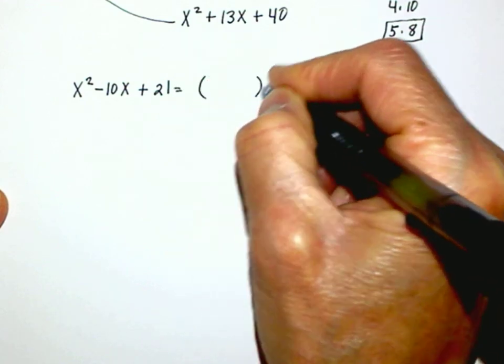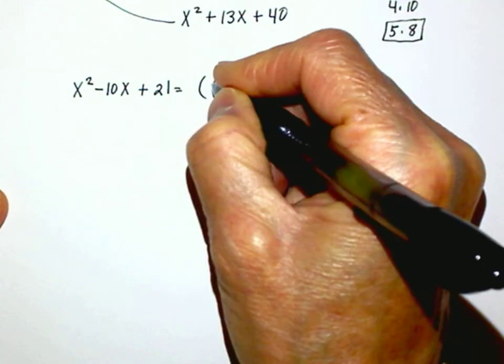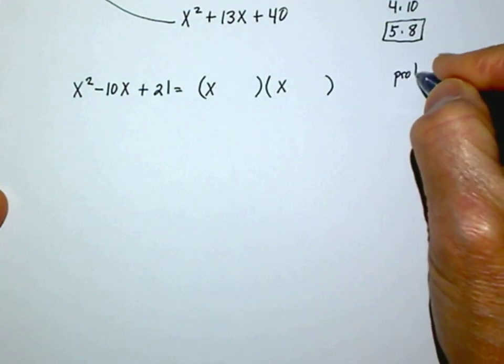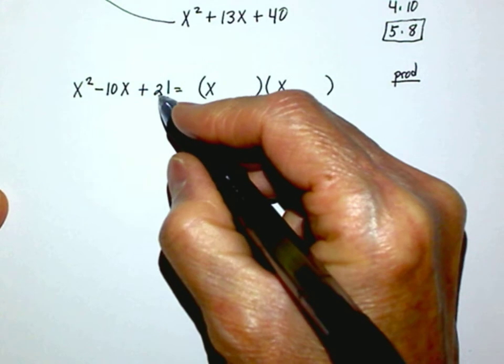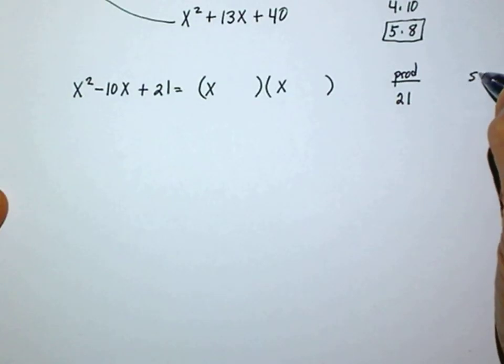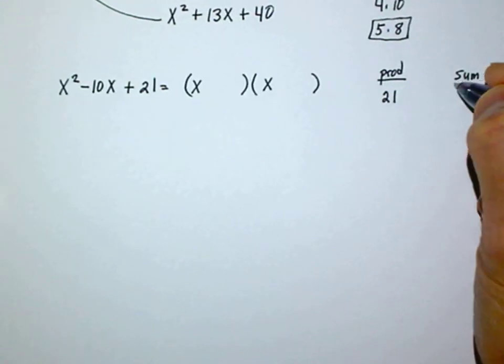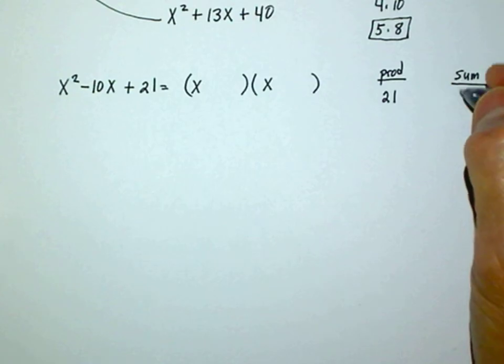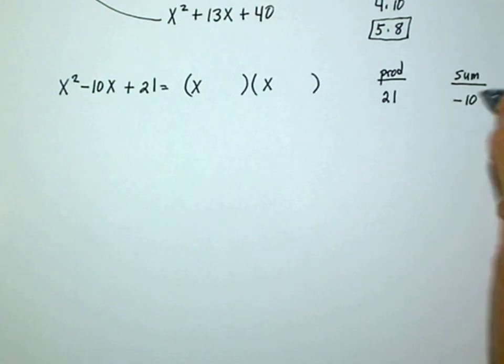Let's factor that. I'm going to put x here, x here. The product I'm looking for is a positive number, 21. The sum is the middle number, which is negative 10.